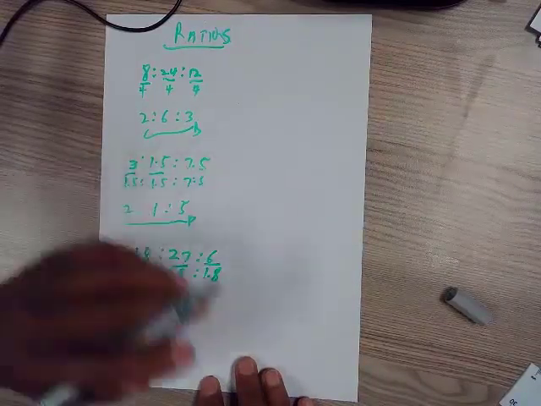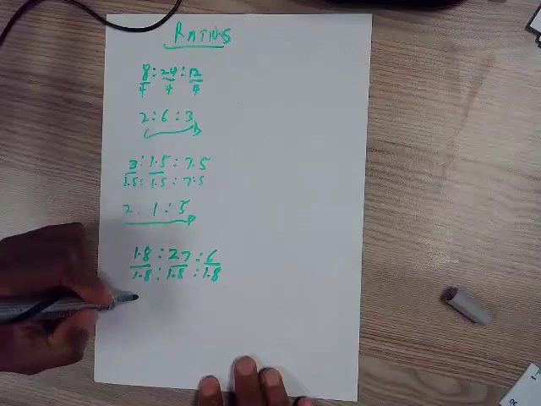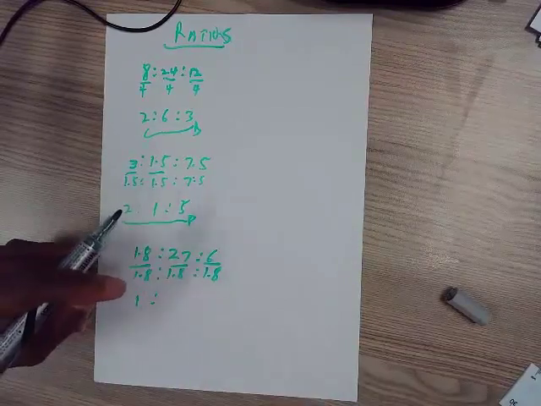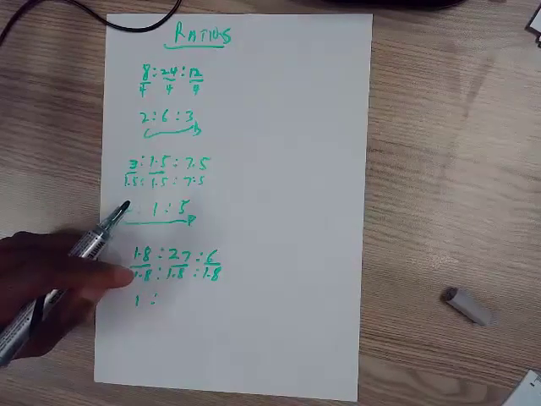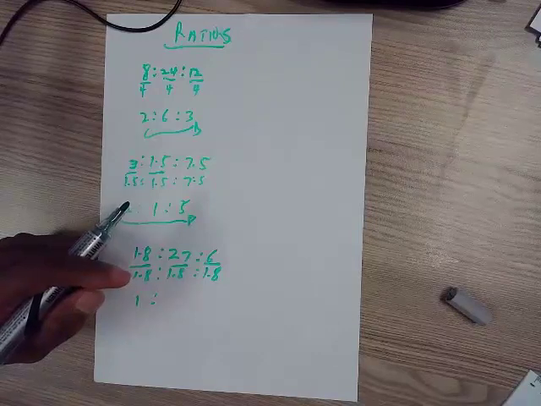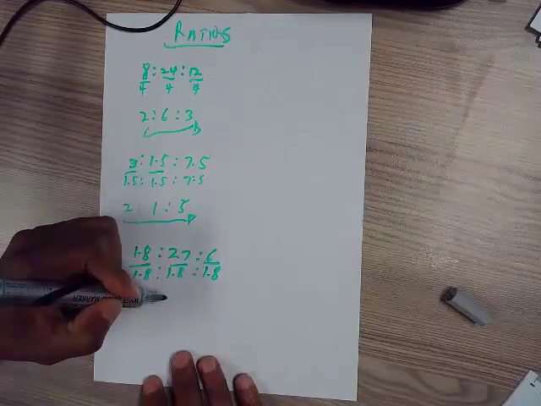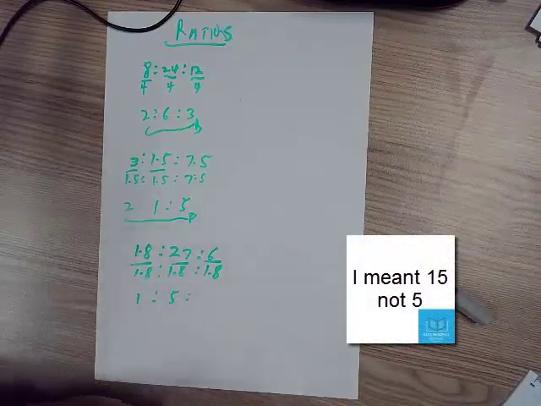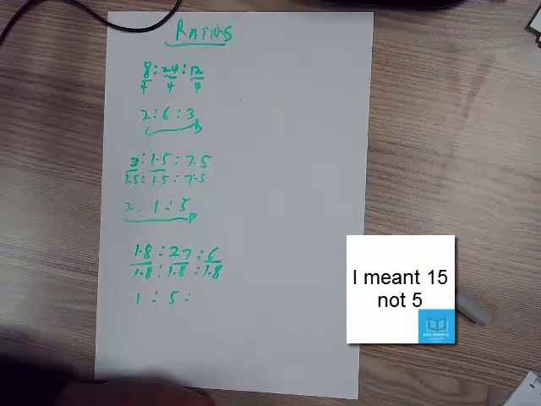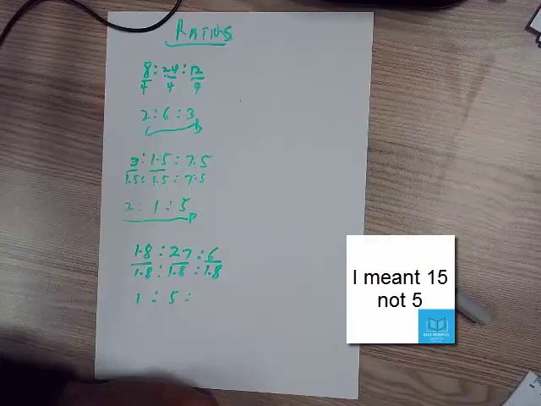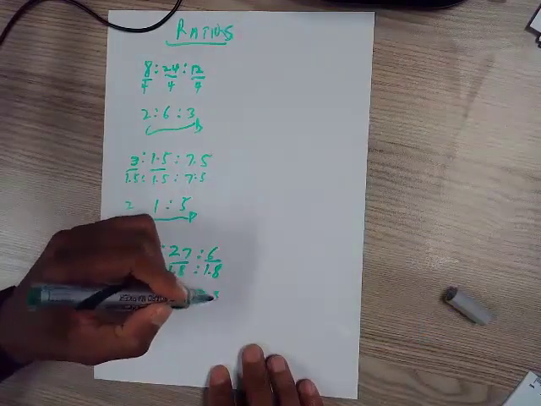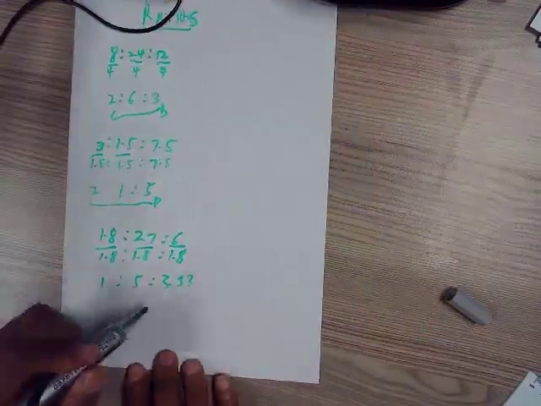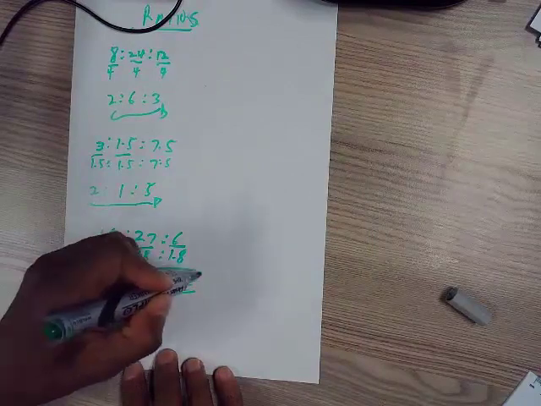Lowest number throughout is going to give you 1. Here, 27 divided by 1.8 is going 15 times, and here 6 divided by 1.8 is going to give you 3.3. Just bear this number in mind.